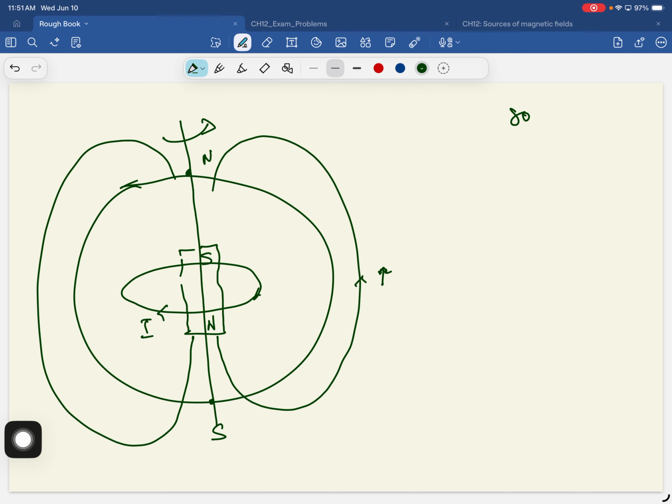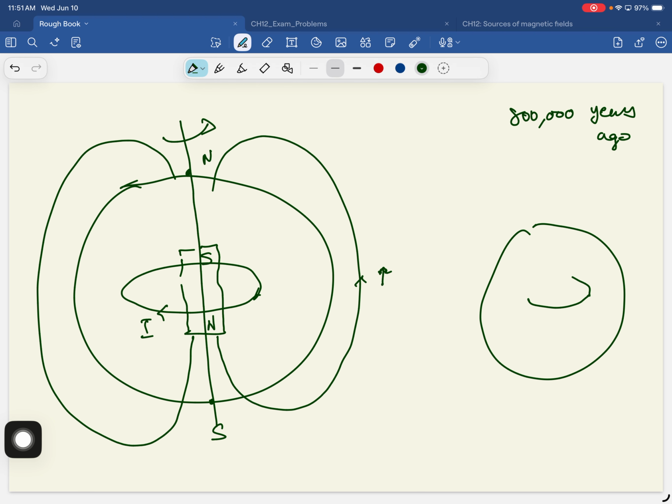So if you were on Earth 800,000 years ago, the current was flowing in that direction, and your compass would be pointing in that direction.